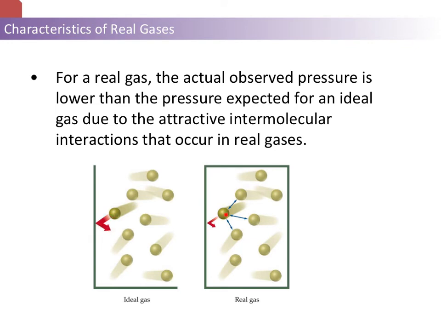But because this particle is actually attracted to the other particles around it, it's going to strike the container with less force, and less force means less pressure. And so real gases exhibit a lower pressure than you would expect with an ideal gas due to the attractive forces. And this attraction becomes more obvious when you pressurize the gas more and more. If you were able to squeeze this gas into a smaller container, then these attractive forces would be larger and the pressure would be lower and lower and lower.